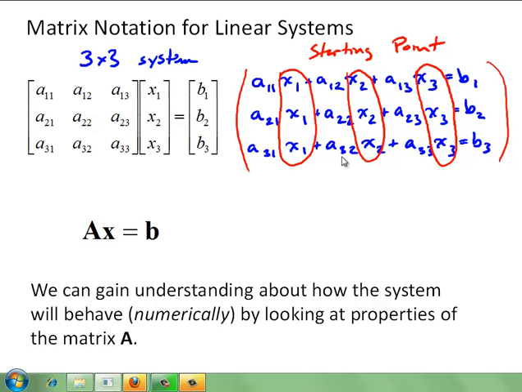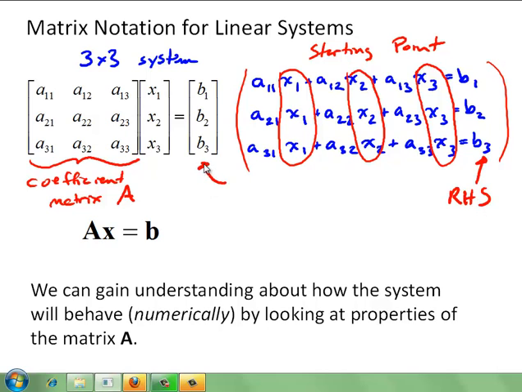And then you can just take those coefficients and put them into the coefficient matrix, which we'll generally call A, and move all of the constants over to the right-hand side, and that gives us our right-hand side vector, or B.